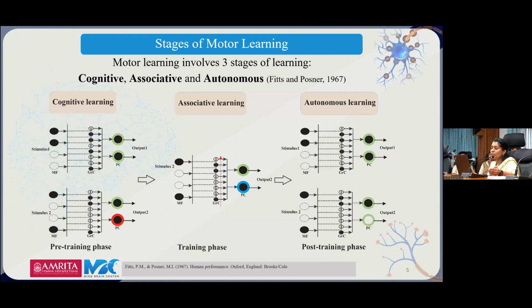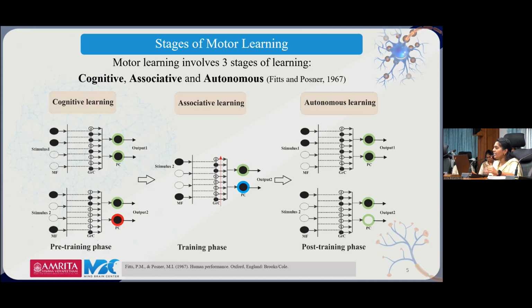During the motor learning process, you have three different stages. This was put forward by Fitts and Posner in 1967. During a learning process, you have the first, or pre-training phase, called the cognitive learning, where the stimulus is presented and the output is predicted, and it can be erroneous in nature.